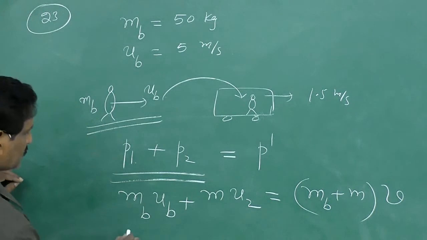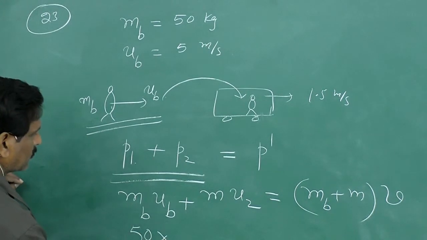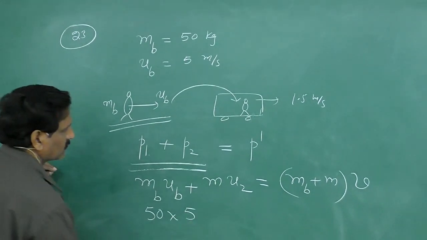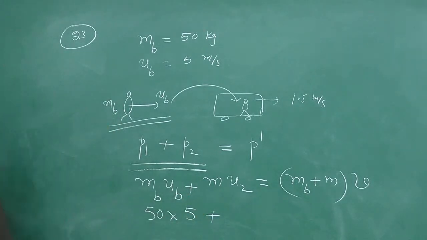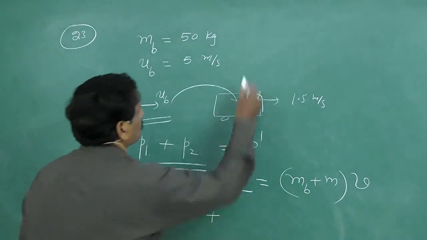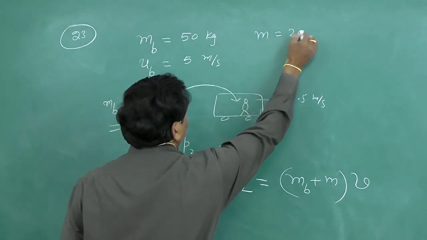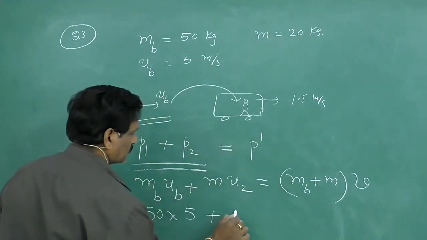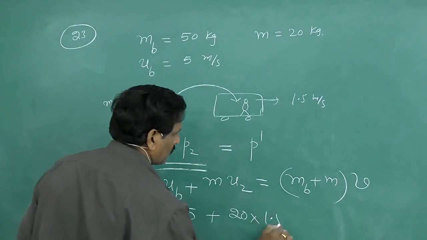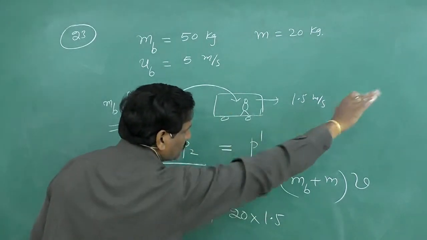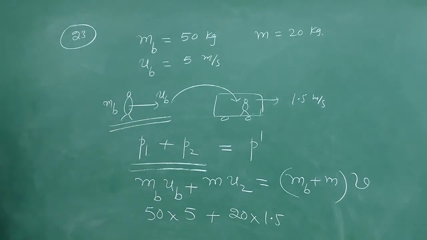So mass of boy is 50 into velocity of boy 5, plus mass of trolley, which is given as 20 kg, into velocity of trolley 1.5. Because this trolley is moving in the same direction, we take that as positive.